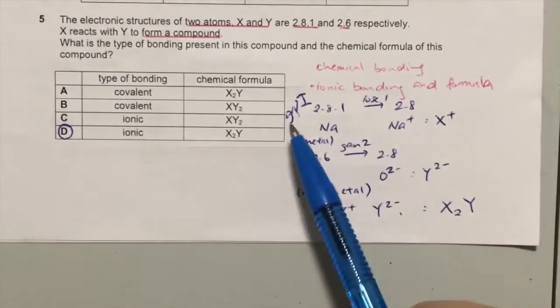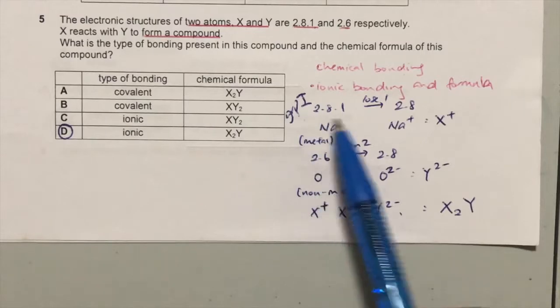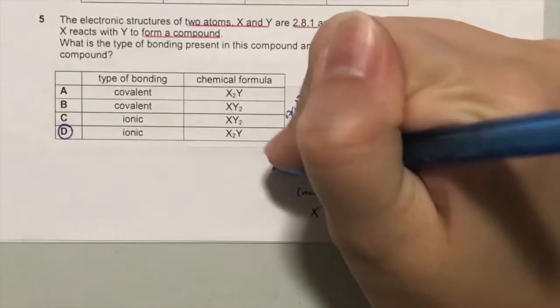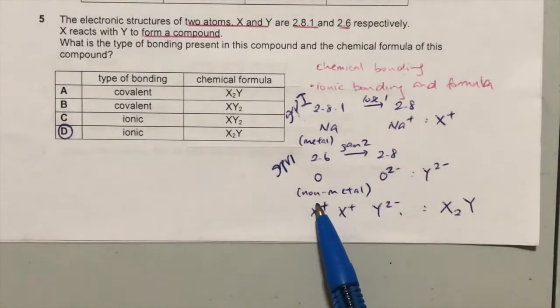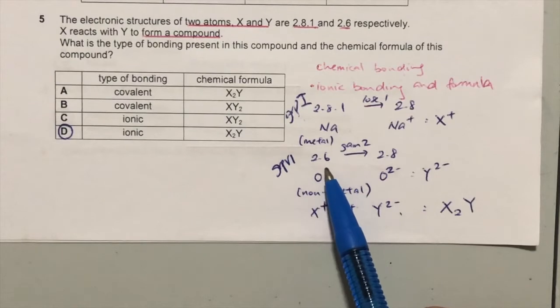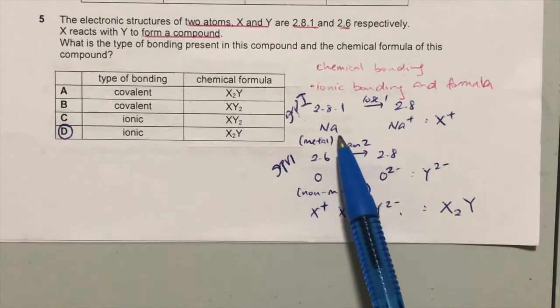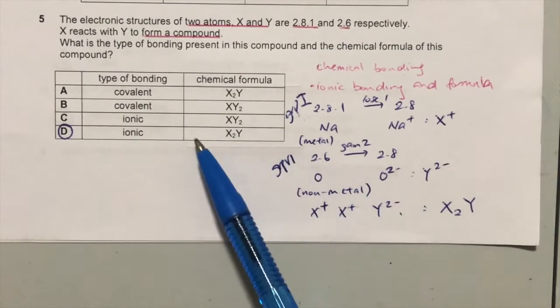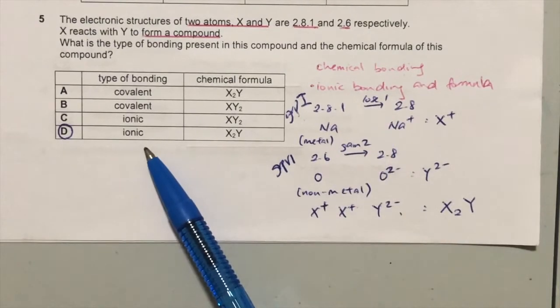So if it's group 1, it also means it's a metal. Next, 2.6 means it is group 6, and if it's group 6, it means it's a non-metal. And 2.6 is the electronic structure of oxygen. So my metal and my non-metal will give me ionic bonding, which is option D.